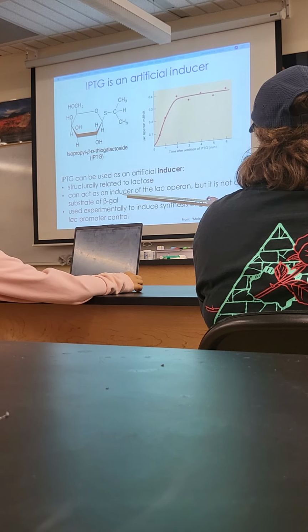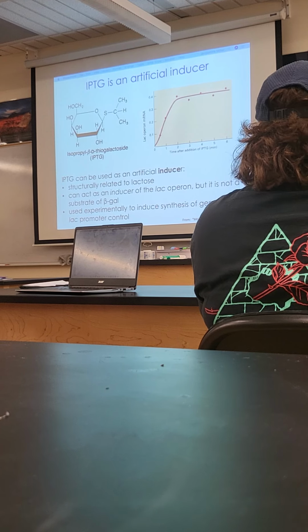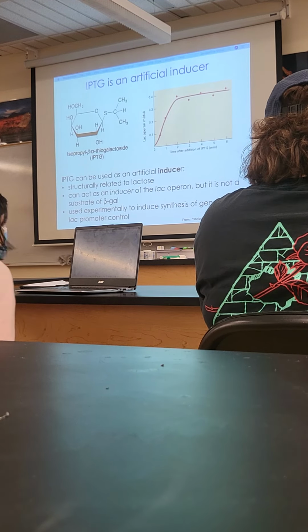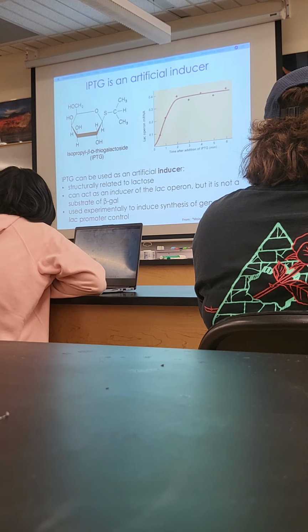Anyway, I can't think of the actual name of beta-gal right now. So we use it as a stable artificial inducer for the lac operon, and we can add IPTG to any source, right? So we have this as a chemical.